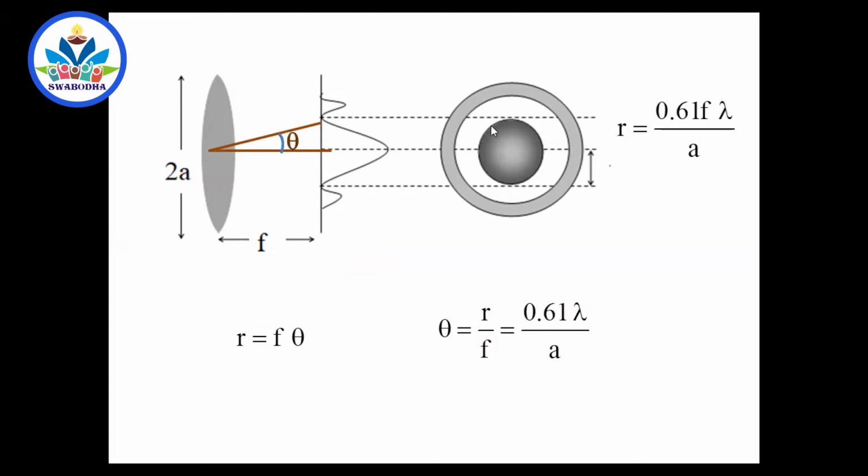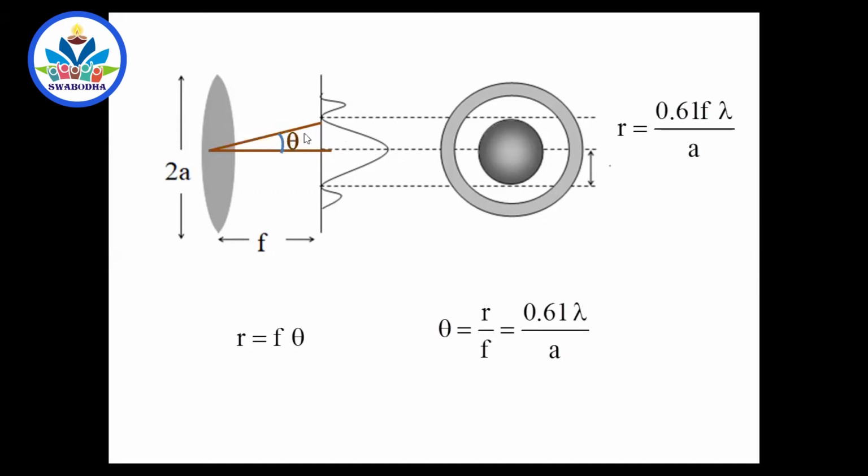The pattern is circular. Since the aperture is circular, the obstacle is the circular aperture, we should get a circular patch of light here. Its radius is given by this formula, and the angular width of the central maximum is theta.